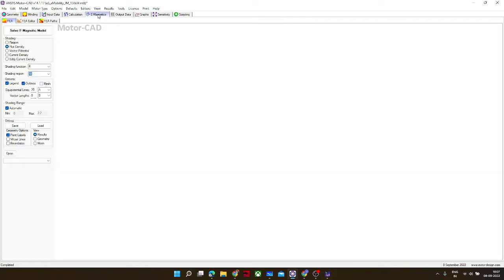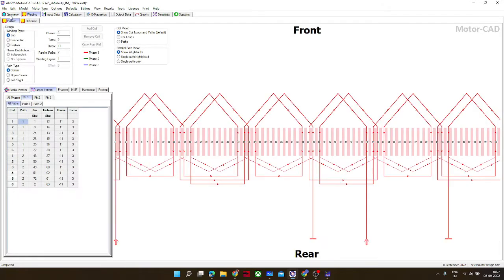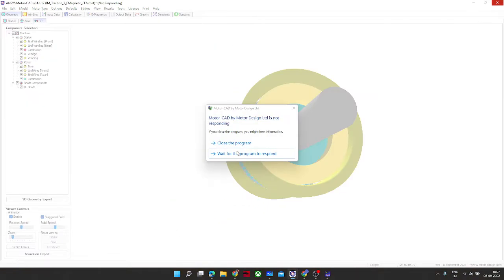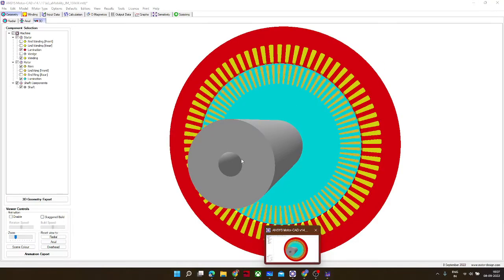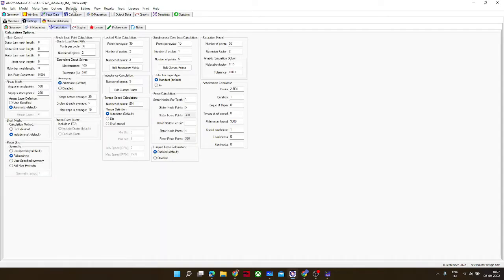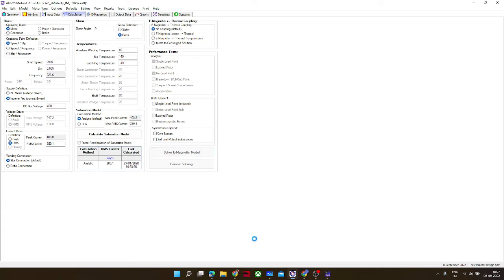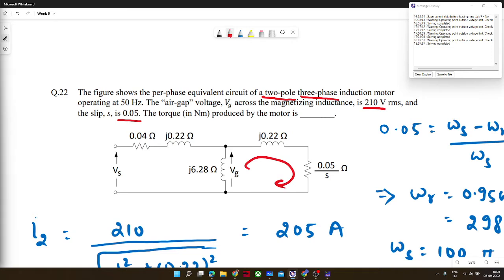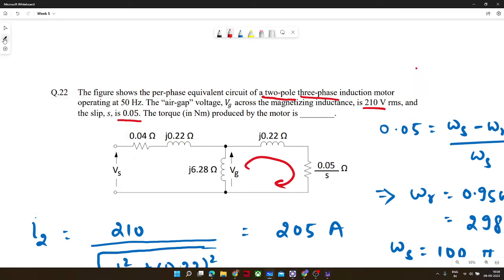One more thing I wanted to show you is how the flux path completes. Let me see. Till this runs, we will see the problem here.